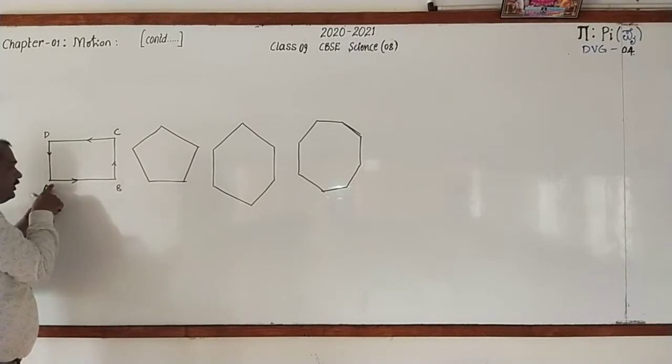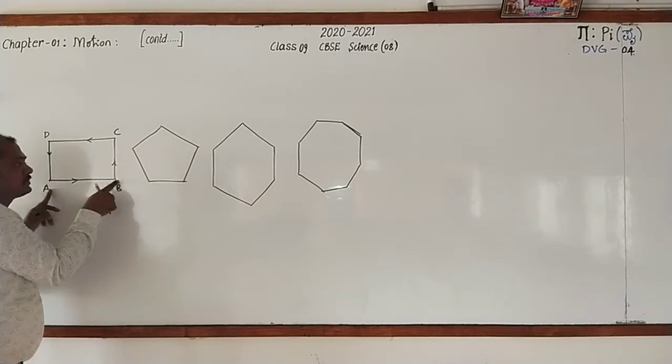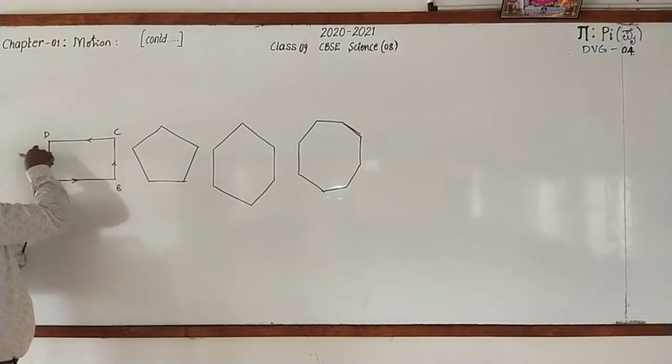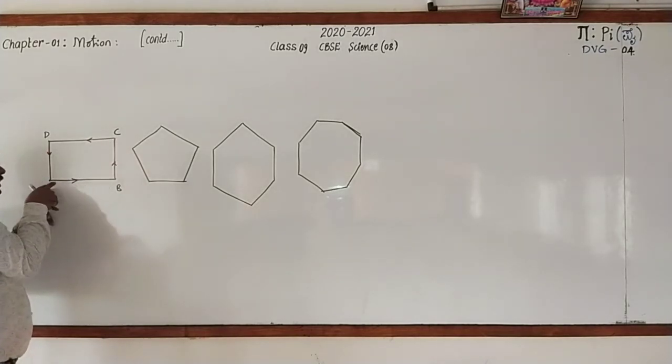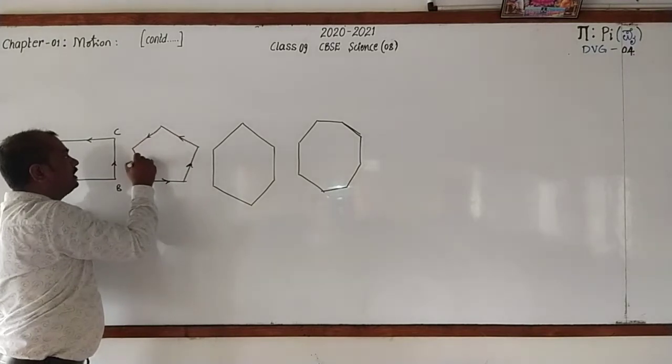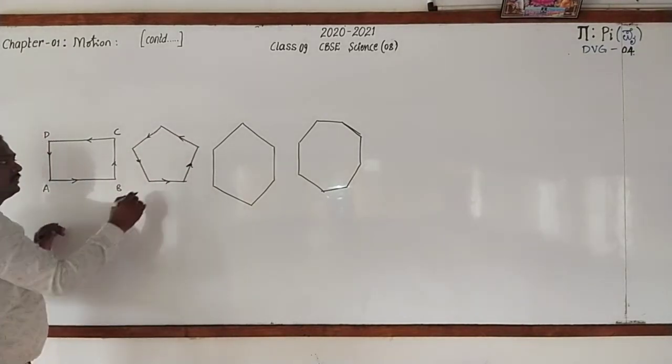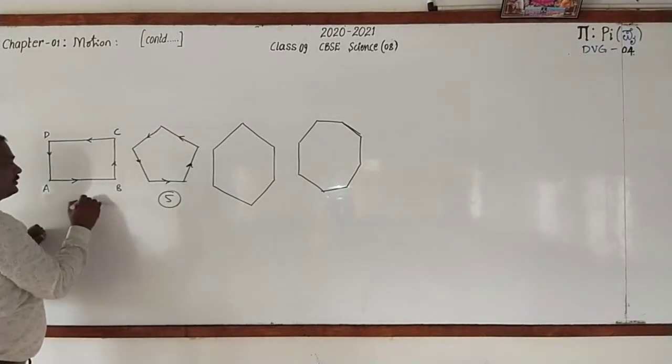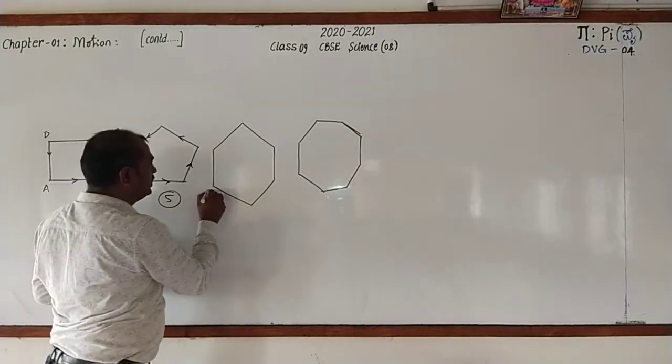Here, if it starts from A, it changes once, here twice, thrice, and if it has to continue, it has to change its direction 4 times. Here, how many times can it change its direction? Here 5 times, here 4 times.